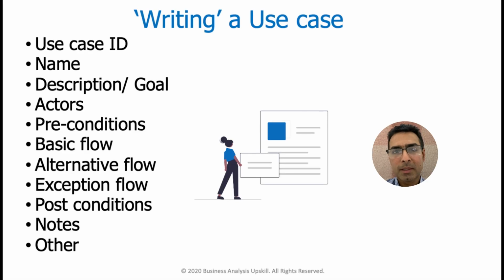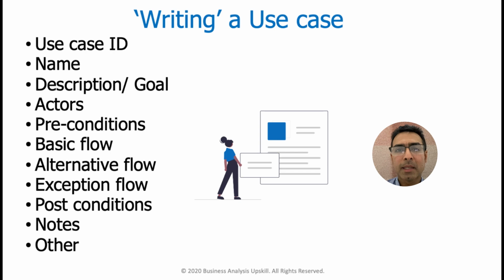We did talk about it earlier. Use cases are depicted in the form of a use case diagram, but also in the form of a textual description of the use case. Now in this short session, we have only done use case diagrams, but actual fleshing out of the use case happens through a textual manner.